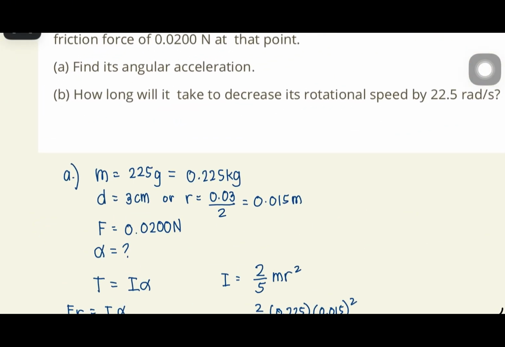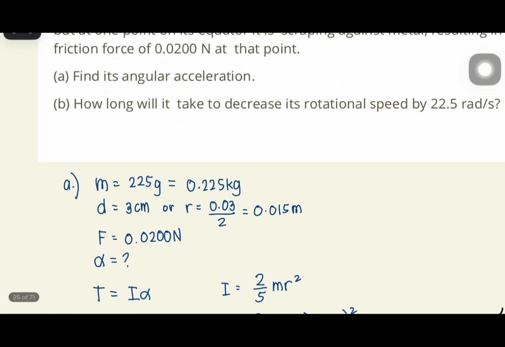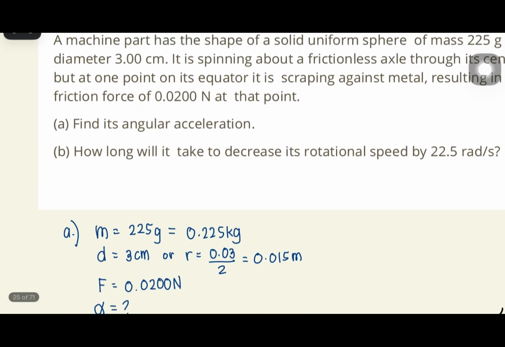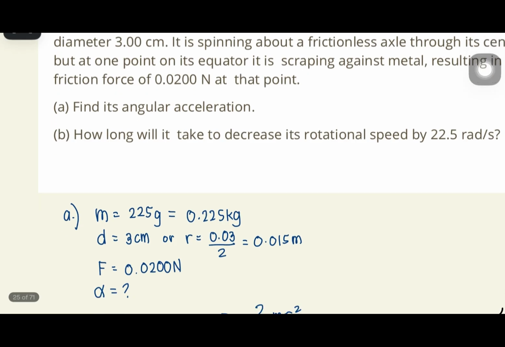Here is our solution. So, nakalist down na class yung mga known variables natin. Mass is in gram, kaya convert natin muna siya to kilogram equals to 225 kilogram. Then, ang giniven sa atin is yung diameter. Kailangan natin din to i-convert sa radius.